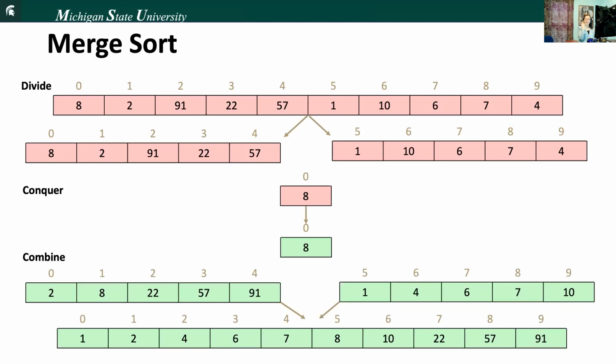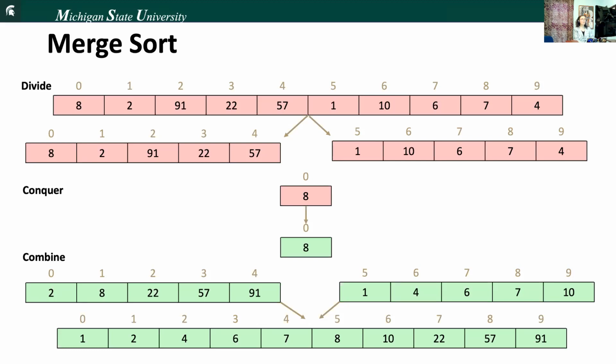When I get to 1 element, you're going to see my algorithm in a second. If the input is less than 2, that means I have only 1 element. That is considered sorted itself, and then I will merge it back up. Okay? When I merge it back up from my recursive calls, I'm going to end up with a sorted list. So divide, conquer, combine. Merge sort is an excellent algorithm to show you how it works.